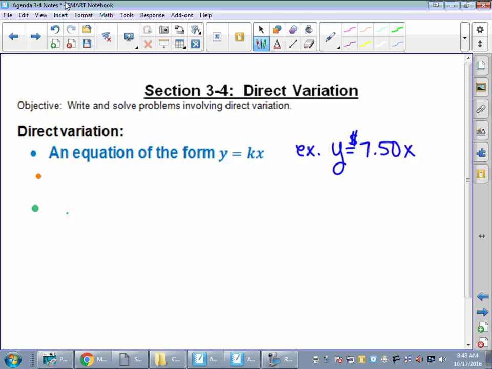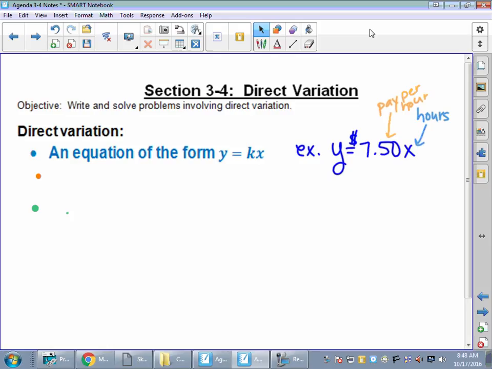What would the x stand for? The number of hours that you work. What does the $7.50 stand for? Your pay per hour, right? So we've got ourselves an equation, a direct variation.